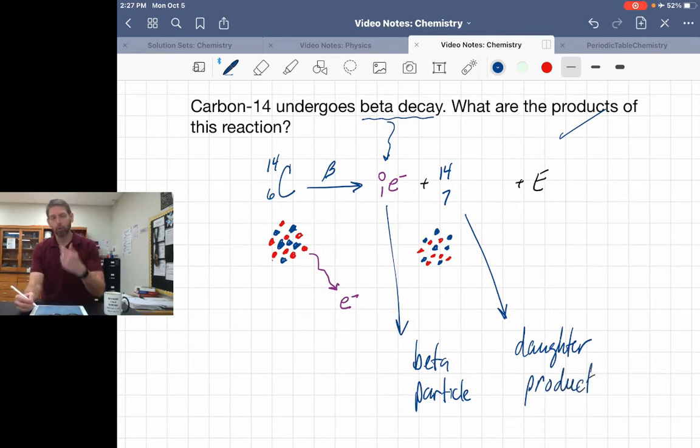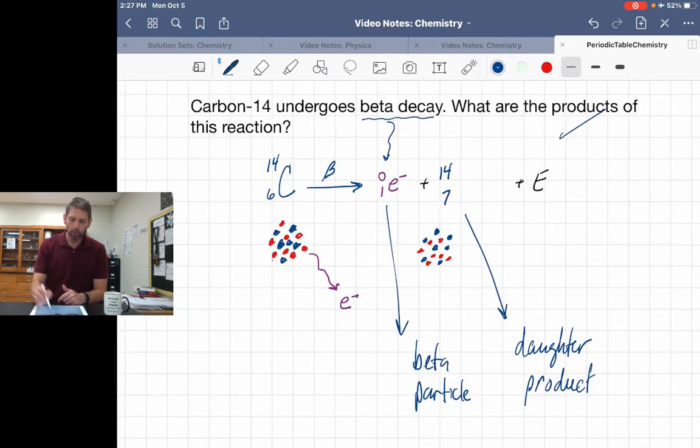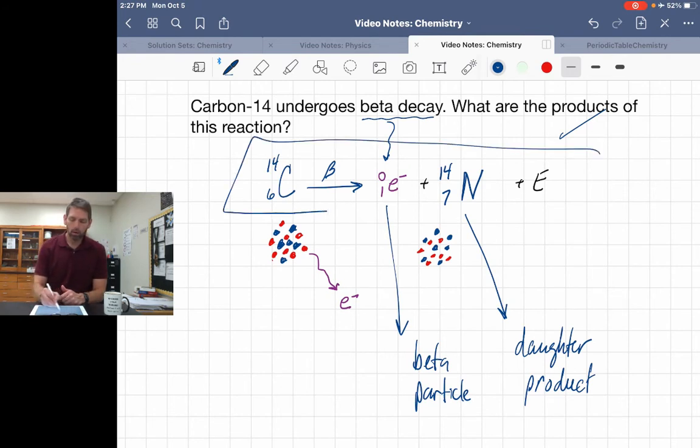Well, for that, go back to the periodic table, and we see that atomic number 7 is nitrogen, and it just so happens to have a mass of 14. It balances out because remember we lost no mass from this beta breakdown. So I'm going to come back here, and I know that we have nitrogen right here, and so there's our nuclear reaction for the beta decay of carbon-14.